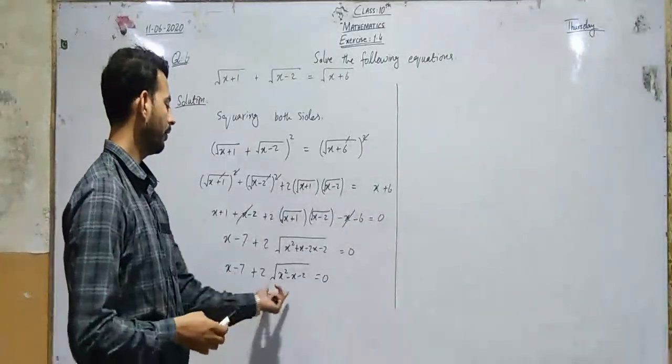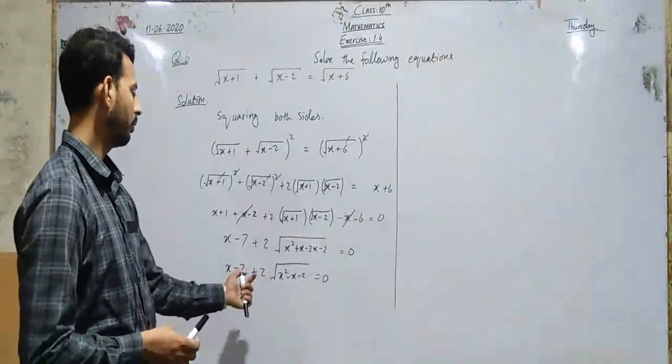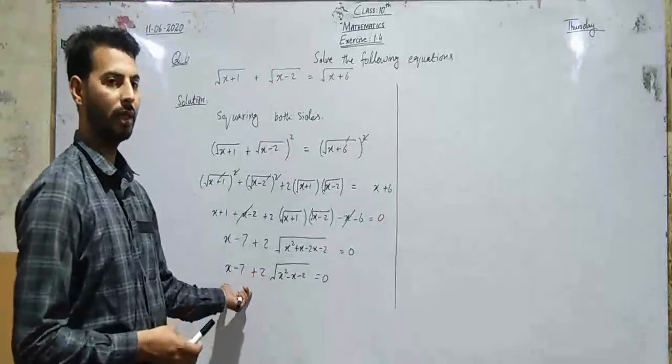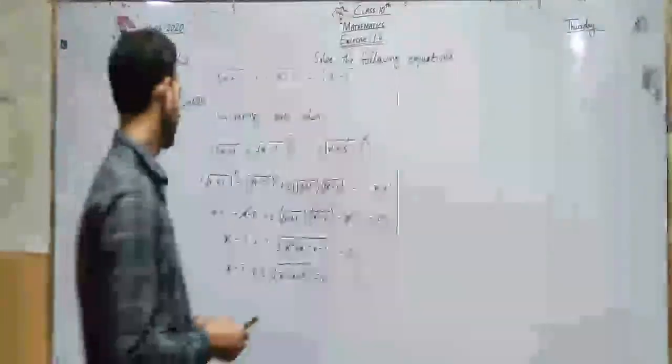Students, now we have another square root, so we have to cancel it again, but before that we can take all these other values to the other side.